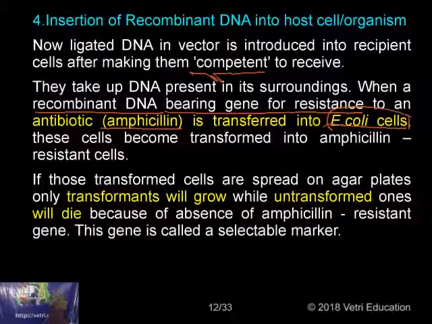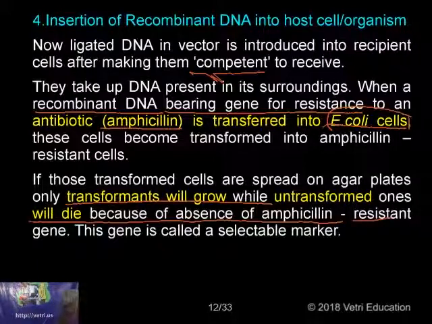If these transformed cells are spread on agar plates, only transformants will grow, because they are resistant to the ampicillin, okay, while untransformed ones will die because of the absence of the ampicillin resistant character. This gene is called a selectable marker.